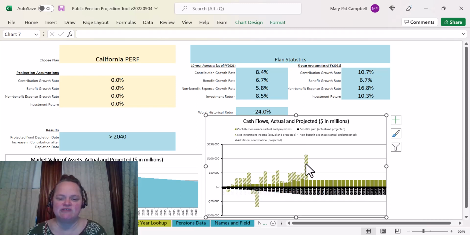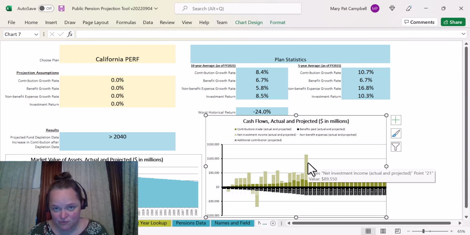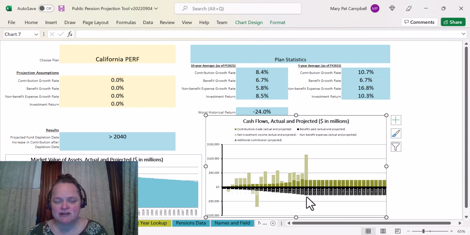So everything that we see here is the historical. And you can see for fiscal year 2021, there was a huge return, as we well know. So it went up here. For fiscal year 2021, there was a huge double digit return, and most of them will have seen very, very good returns for 2021. And you'll see most of the years we've had some pretty good positive net investment income.